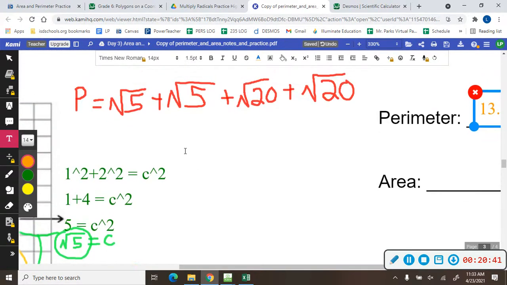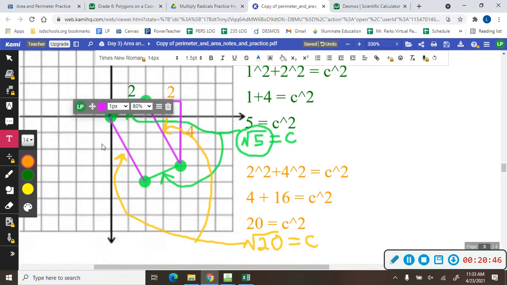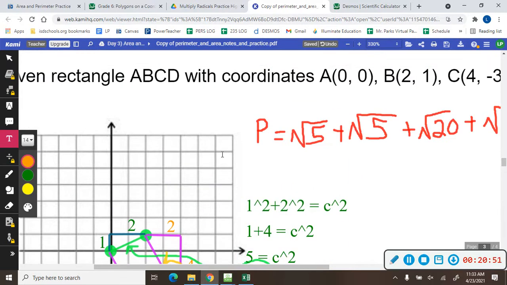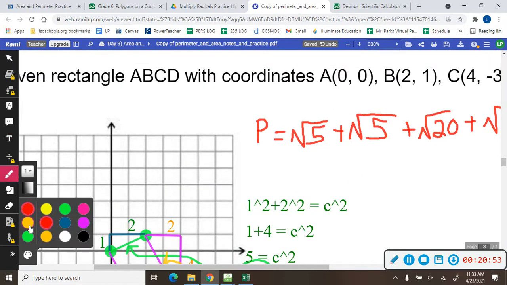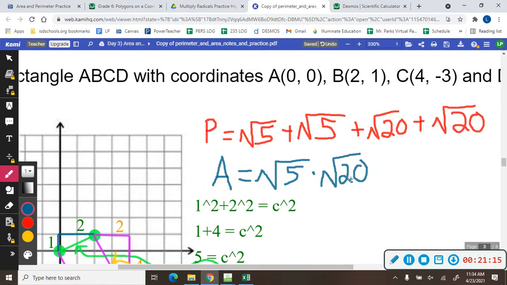Area is length times width. I have my length. My length is square root of 20. My width is square root of 5. So my area is equal to the square root of 5 times square root of 20. And I don't need a calculator for that because 5 times 20 is 100.